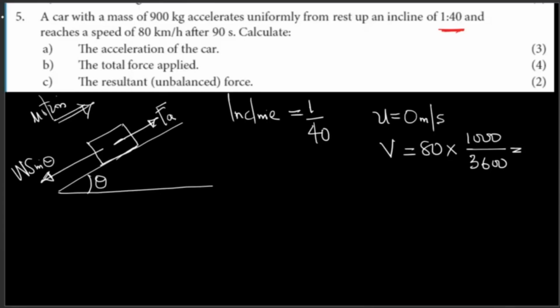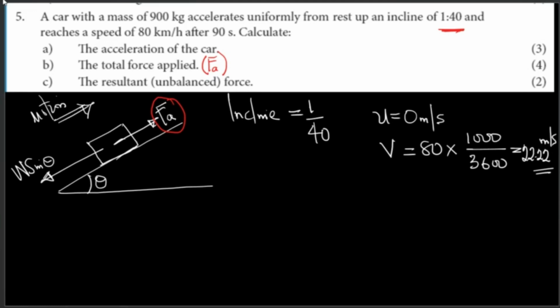I want you to take note that in the second question here, you are asked to determine this force applied. The resultant force is the force that will cause the motion.